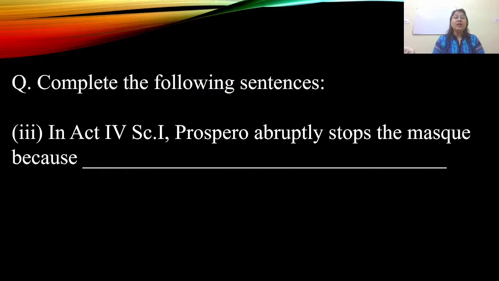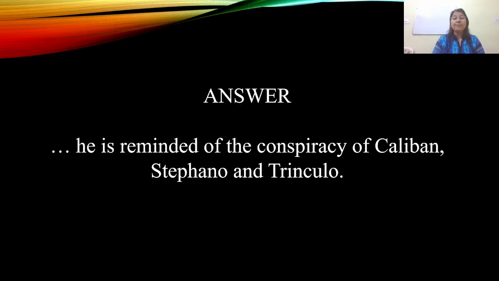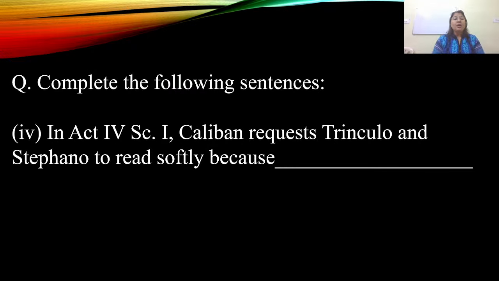Look at next. In Act 4, Scene 1, Prospero abruptly stops the mask because, why does he abruptly stop the mask? Because he is reminded of the conspiracy of Caliban, Stefano, and Trinculo. That is the reason that he abruptly stops the mask. Then in Act 4, Scene 1, Caliban requests Trinculo and Stefano to tread softly because, sorry, it's not read, it's tread.